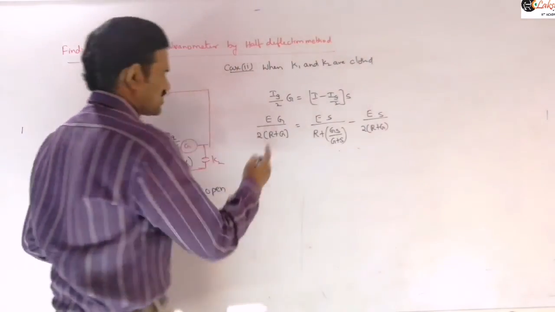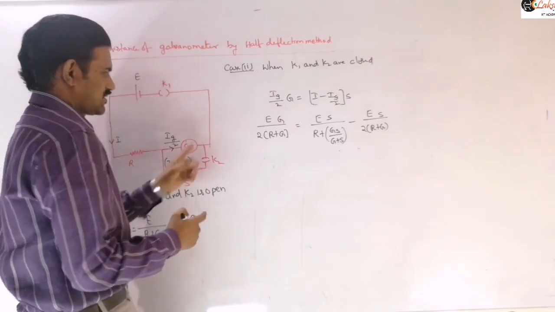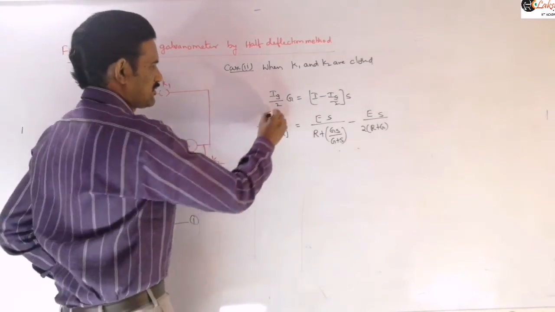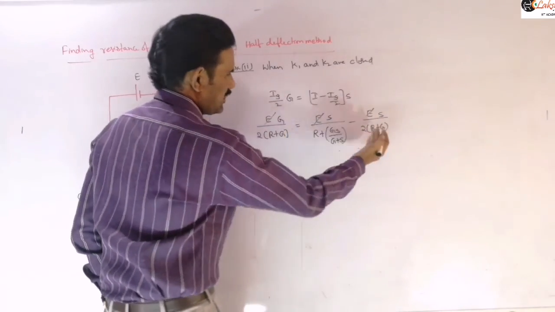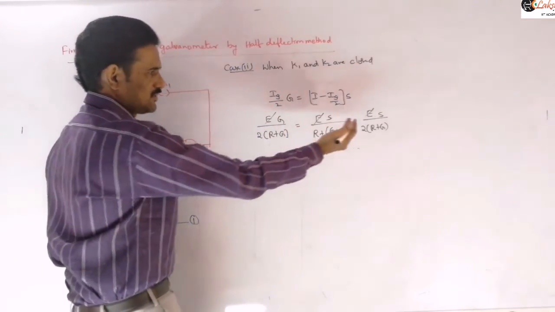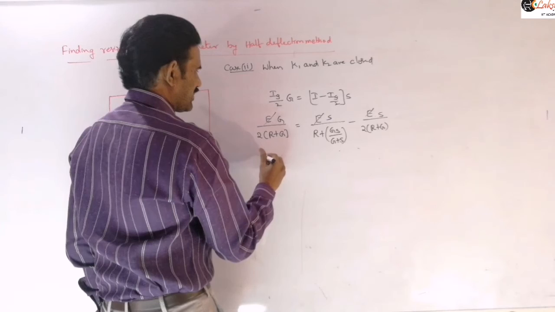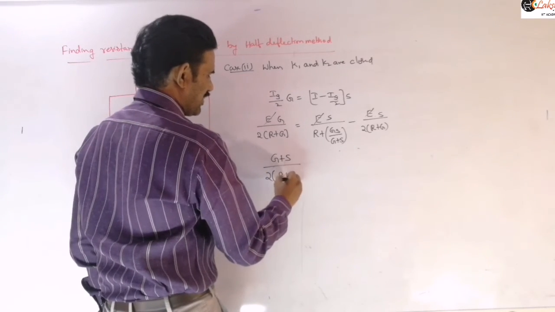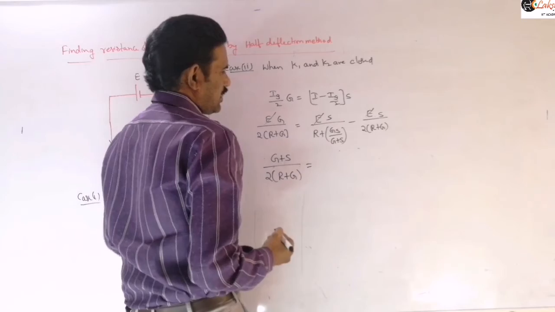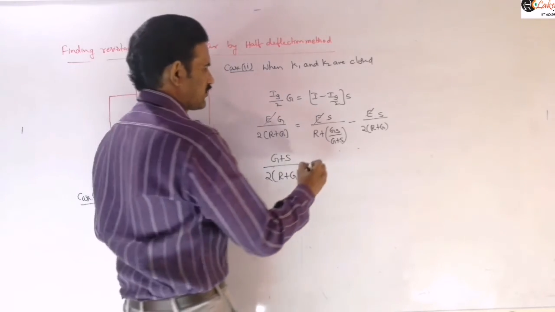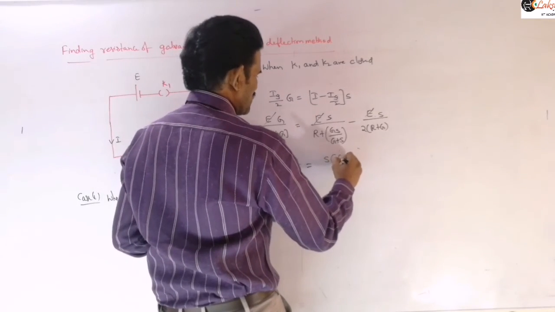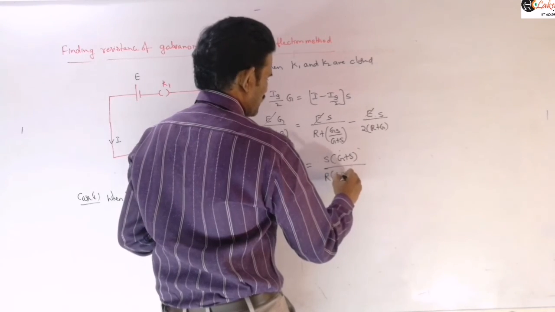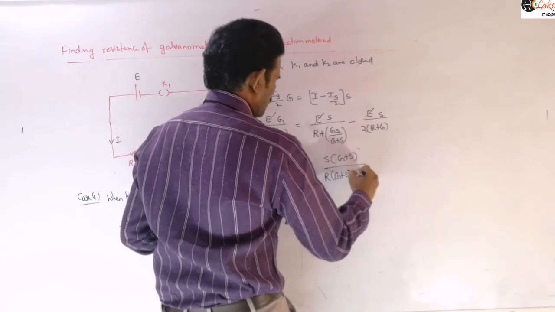We are substituting the Ig value from this, and I of this circuit, the total current passing through this circuit. You can cancel the E term, and write the term on this side, so that you can write this as G plus S by 2 into R plus G. Now take the LCM, S into G plus S by R into G plus S plus GS.